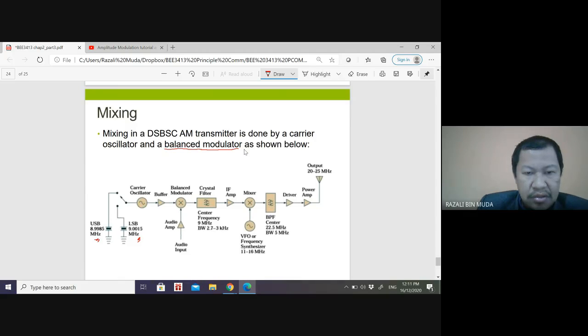So it goes through the carrier oscillator, buffer, balanced modulator, crystal filter, mixer, frequency synthesizer, and then again the band pass filter, driver, power amplifier, and the output is at the antenna.